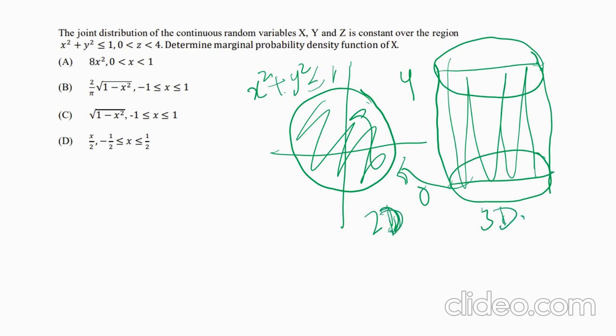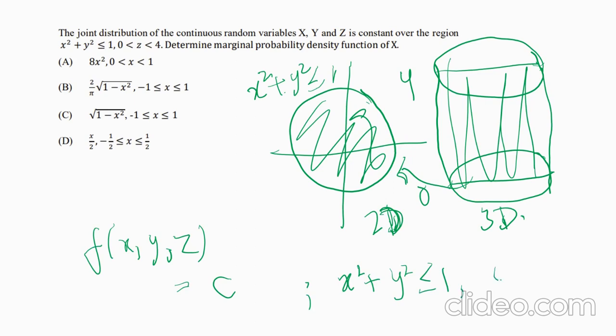So this you can consider as a cylinder, and this whole is the region. If you see this portion as 2D, this one is the 3D whole plot, whole region. This one is just the circular part.